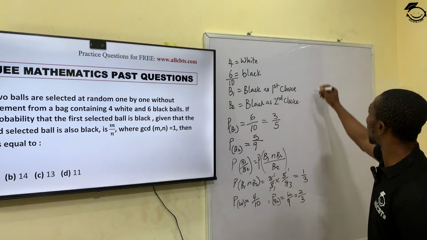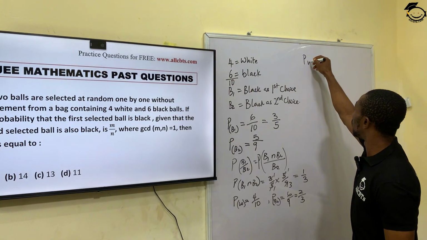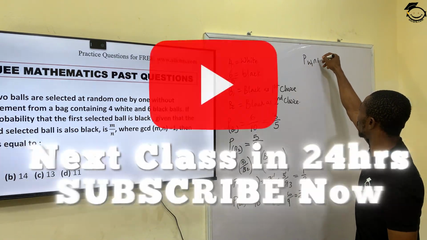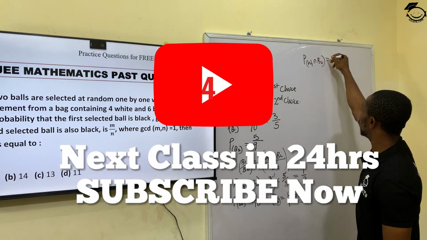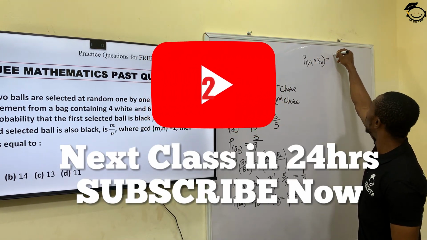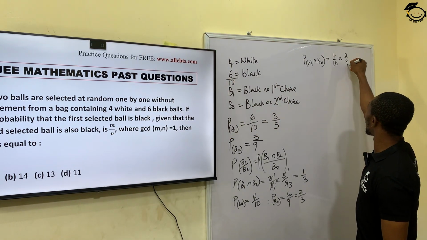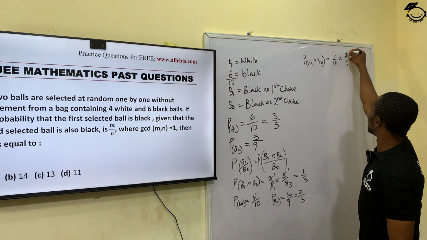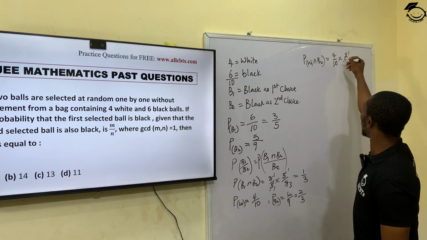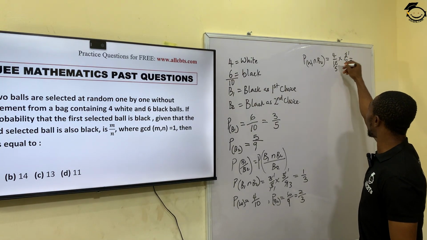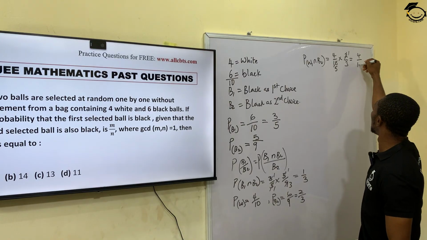Now probability of white first intersection black second will become 4 over 10 times 2 over 3, which gives us 4 over 15.